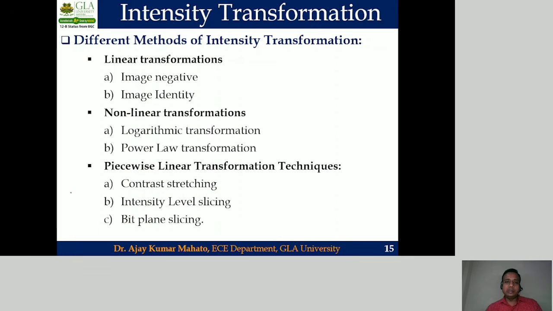In linear transformation, we study the image negative and image identity. In nonlinear transformation, we study the logarithmic transformation and power law transformation. And in piecewise linear transformation, we study contrast stretching, intensity level slicing and bit plane slicing. In our upcoming lectures, we will discuss all of these methods in detail.